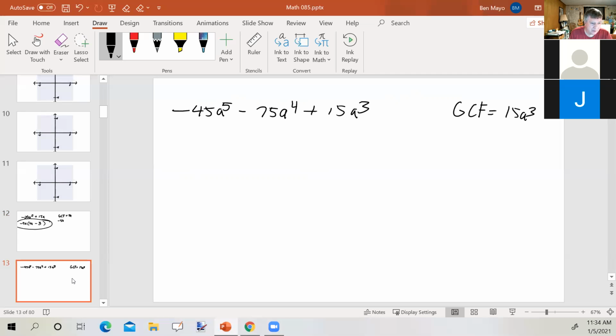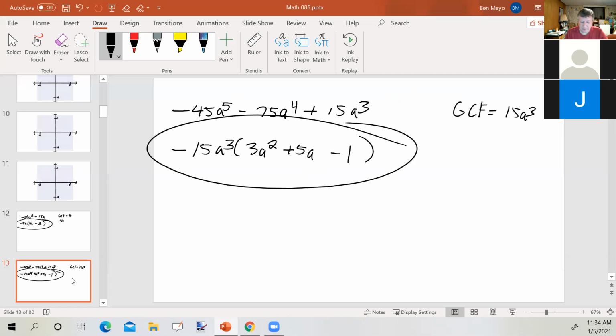So if we factor the opposite out, we take out negative 15a cubed. But we're not just identifying the GCF or the opposite of it, we're factoring it out, so we've got to have everything still there. So what's left here would be 3a squared plus 5a minus 1. So that would be the answer for that particular problem. Any questions there?